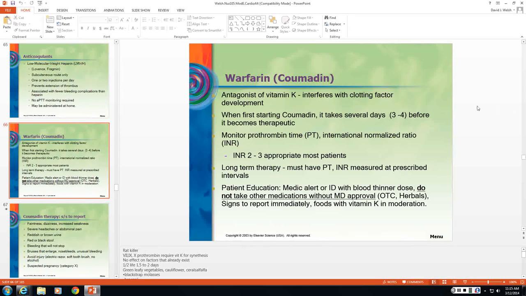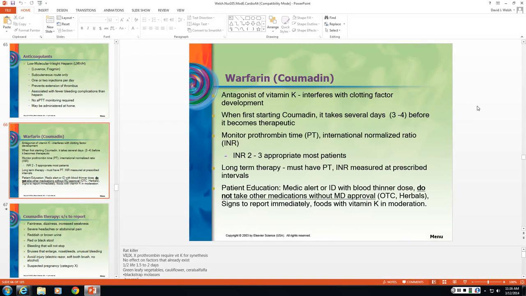Now, your warfarin or your Coumadin is basically an antagonist of vitamin K. It interferes with the clotting factor development. When first starting Coumadin, it takes about 3 to 4 days before it becomes therapeutic. And basically, Coumadin is rat poison, is what it is. Its half-life is usually 1.5 to 2 days.